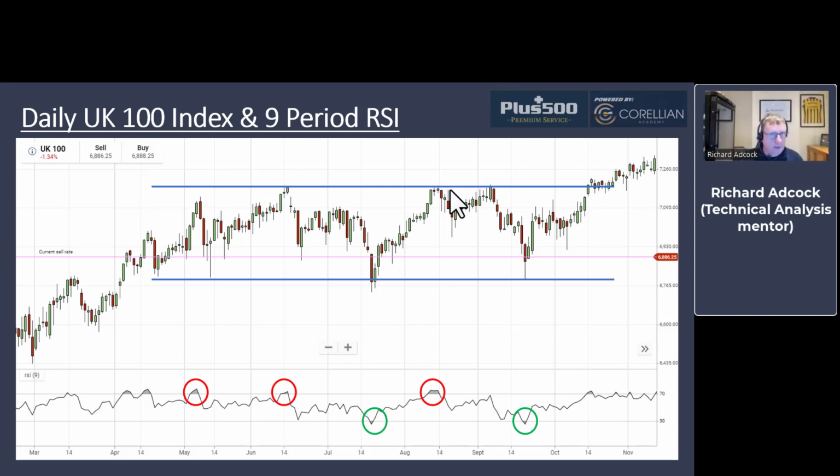So when we're not in an aggressive trend, we're in a more balanced sideways activity, then we should take more notice of the overbought and oversold readings. And as we'll see, they can highlight some quite interesting turning points as we approach the resistance levels, the previous highs, or the supports offered by the previous lows.